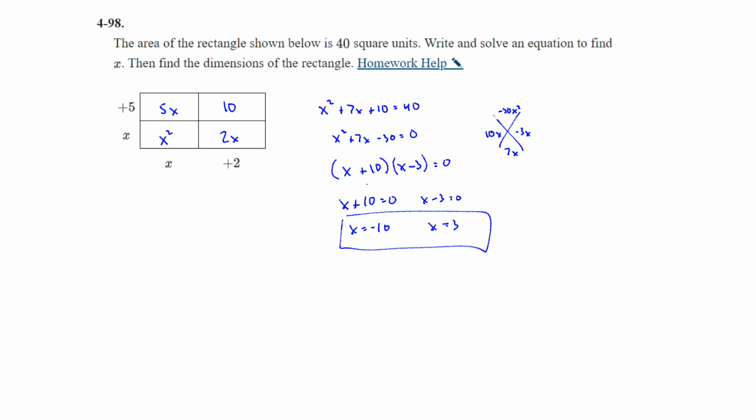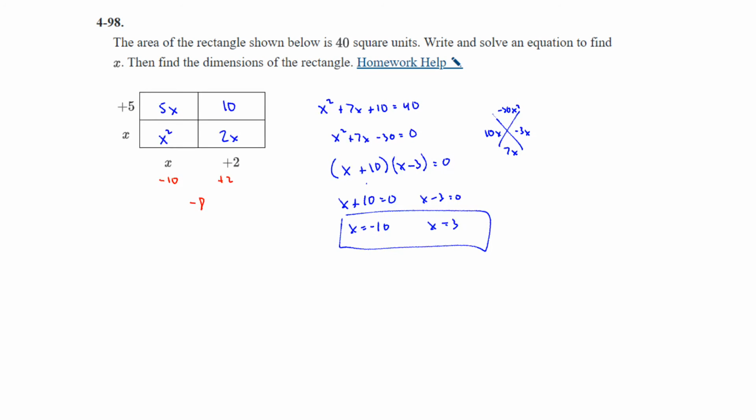It also wants us to find the dimensions. Well, if x is, let's go with negative 10. That's not going to make any sense, but negative 10 plus 2 is negative 8. We don't have a dimension that is a negative. It's a length or a distance, so that won't work. So x equals negative 10 won't help us find the actual distance here. So therefore, we're going to have to use only x equals 3, and that will be 3 plus 2.